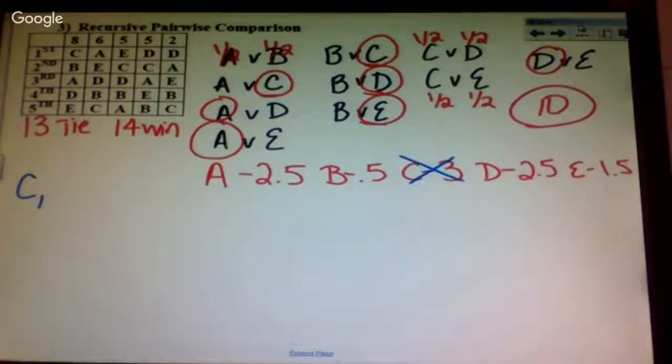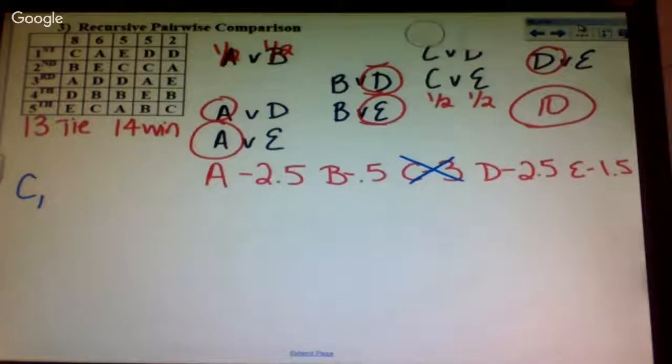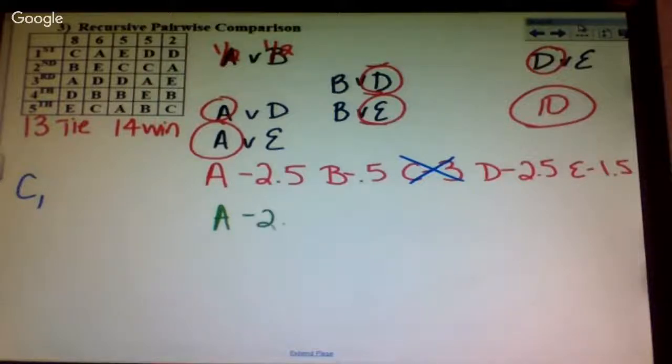That means I now need to go and get rid of everything that has C in it, and recount. There is no more comparing. All you need to do is eliminate your winner and recount. So A still has won 2.5.